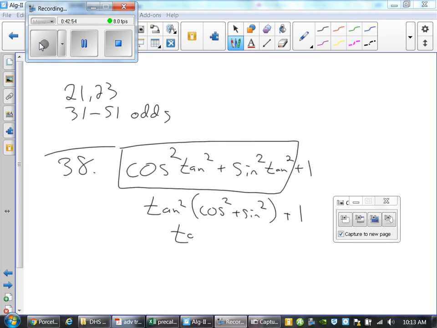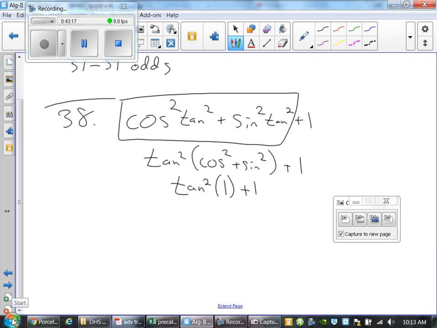So you get tangent squared times 1 plus 1. What's tangent squared plus 1? Secant squared. So it was supposed to be secant squared. Cosine squared plus sine squared is 1, so tangent squared times 1 is tangent squared.